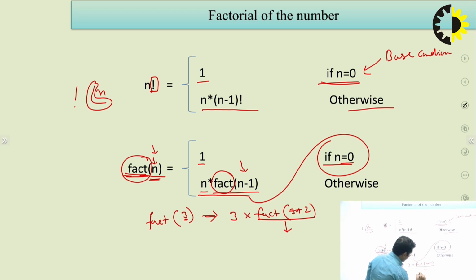So, this is equal to 2 into factorial of 2 minus 1, which is 1.